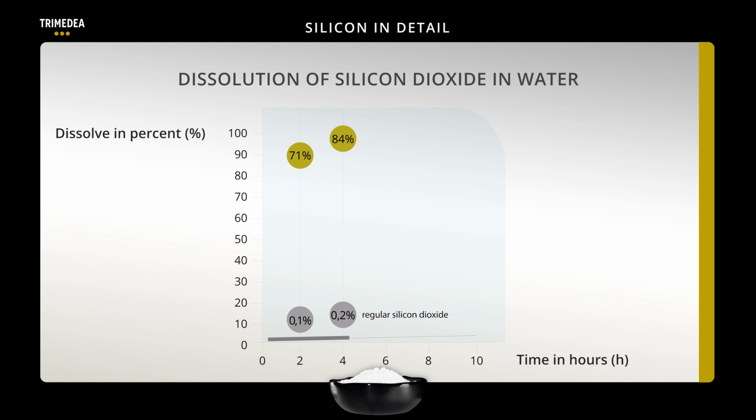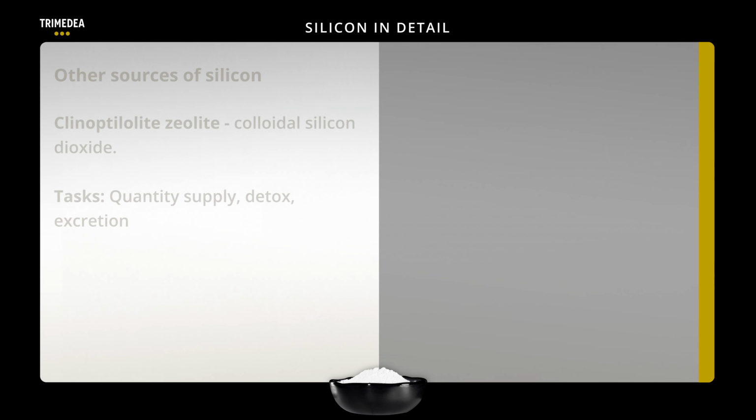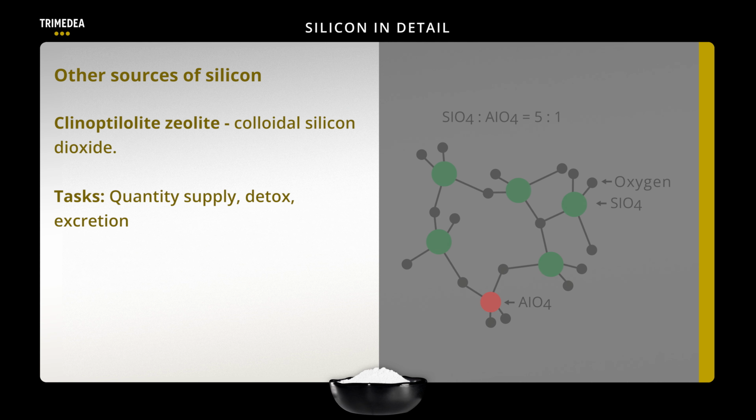Dissolution of silicon dioxide in water. Other sources of silicon are clinoptilolite zeolite, colloidal silicon dioxide. Tasks: quantity supply, detox, and excretion.